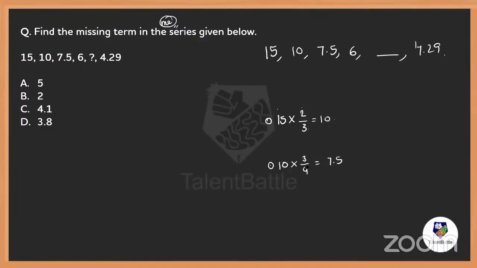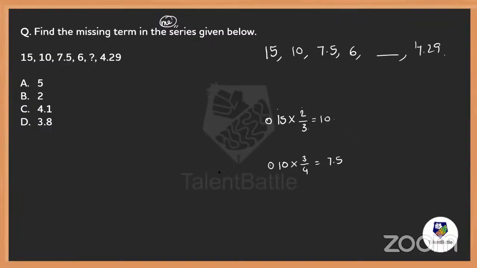Because 4 ones are 4, 2.5s are 10, so 2.5 into 3 will give me 7.5. Yes, am I correct? Exactly. So that clearly says I can use 10 into 3 by 4 to get 7.5.